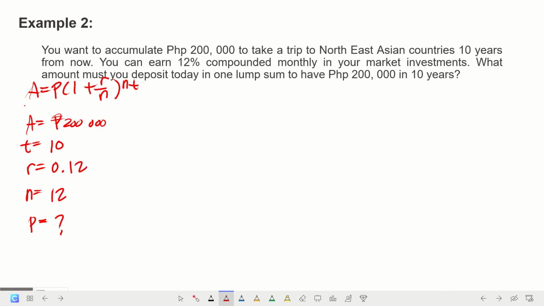So, derive tayo from this equation. Let us derive an equation to solve for the principal amount.